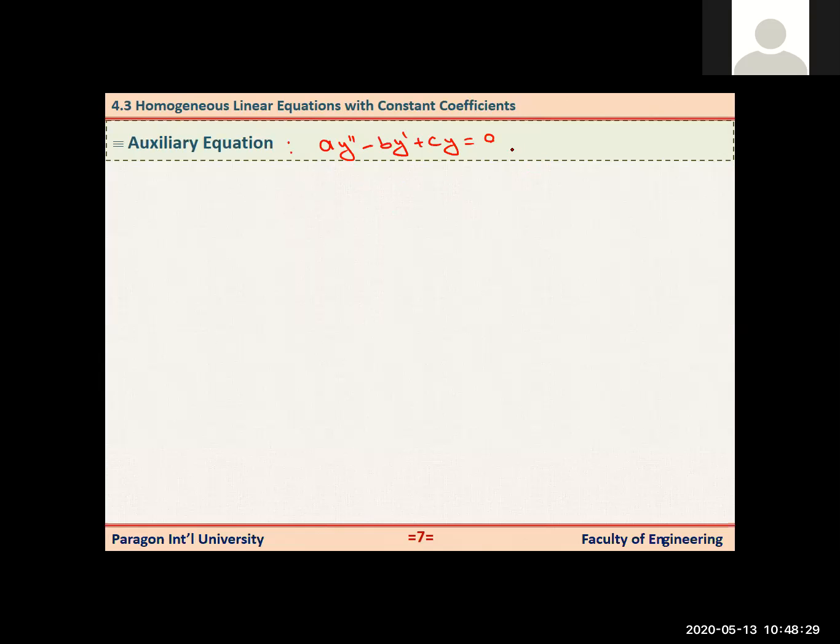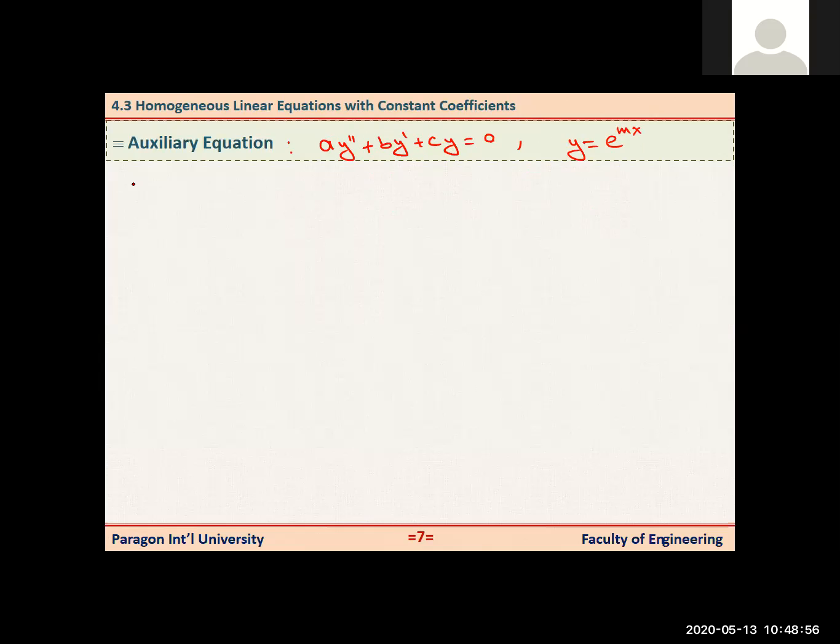For this, I assume that its solution is something like y equals e to the power mx. Since I'm assuming that this is a solution, when I substitute it, differentiating twice, differentiating once, and keeping the function itself, the expression must produce 0.